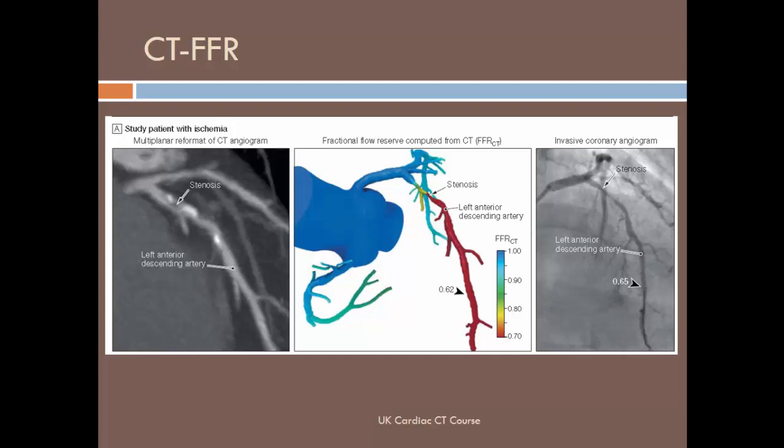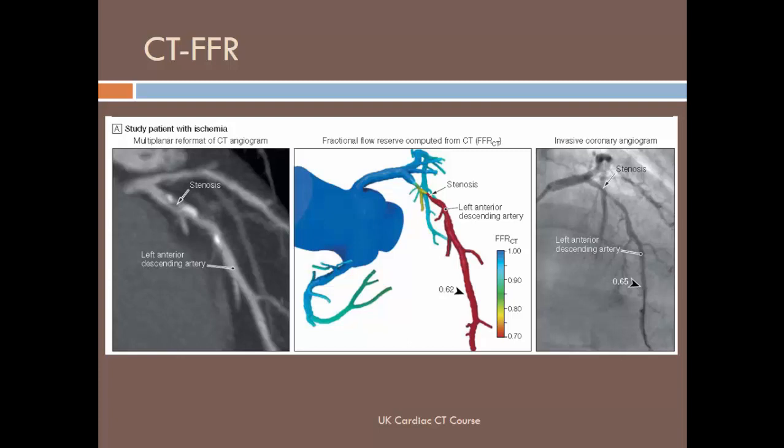So they said it will improve diagnosis and reduce the number of patients going for a false positive catheter angiogram. That study was called Discover Flow. I think you will have the slides in the manual.